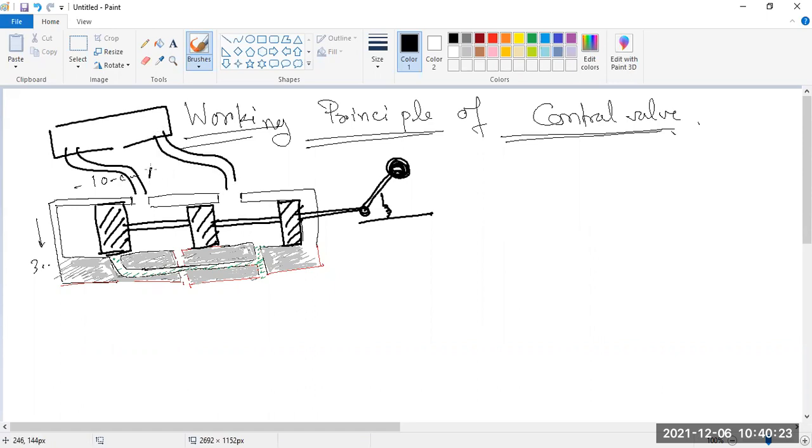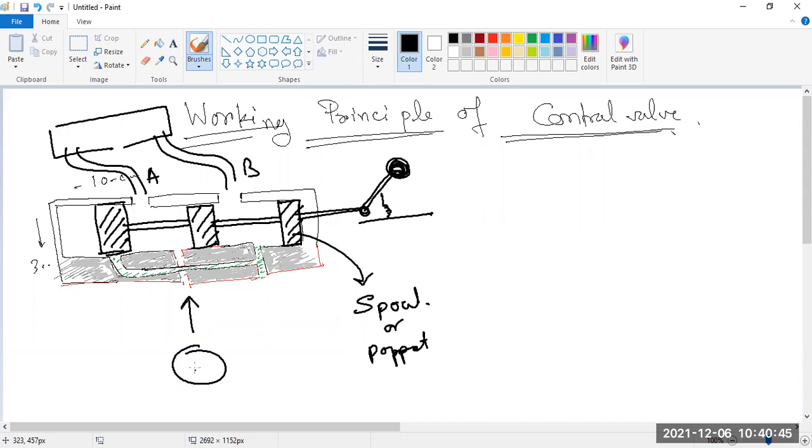It is called A and this is called B. Okay, and this portion is called spool, or it is called poppet. Okay, and this side is connected with this pump. This is pump, and this side is connected with this reservoir. Okay, this side means reservoir.